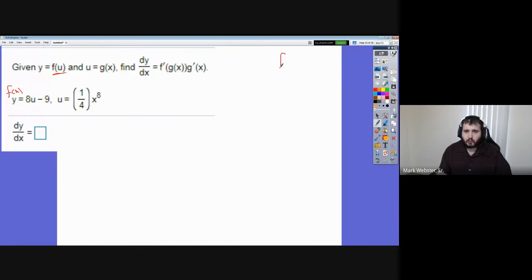So just like what we did in practice, here's our f of u. Here's our derivative. Should just be 8, right? Here's our u, 1/4 x to the 8. I don't know why the 1/4 is in parentheses here, but that's okay.